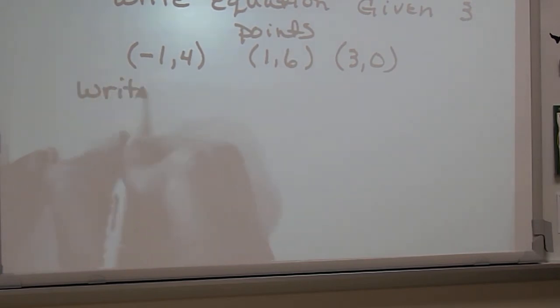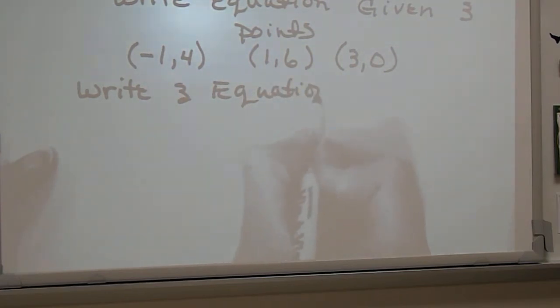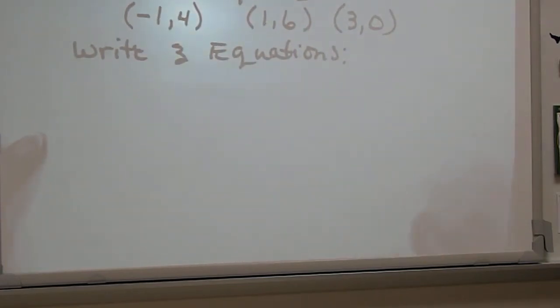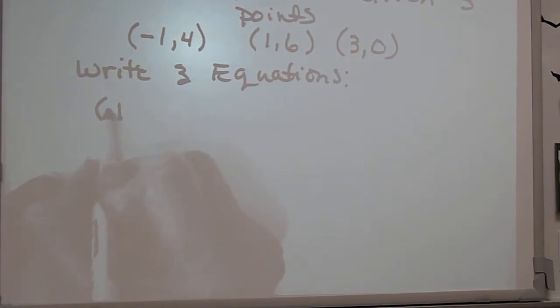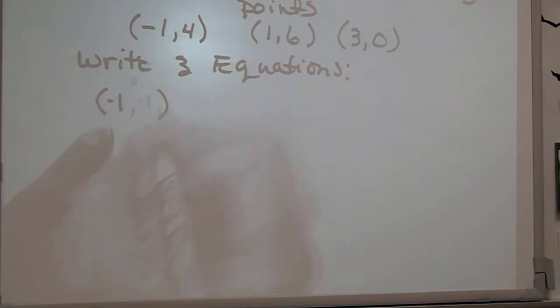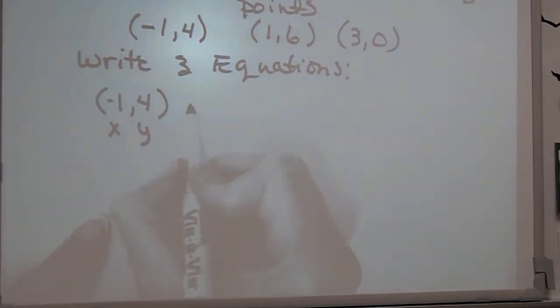I'm going to write 3 equations. And the first one will contain the first point. I want you to remember that the -1 is our x piece, 4 is our y component. Typically, we substitute in for a, b, and c.